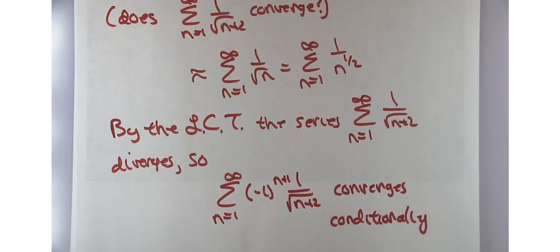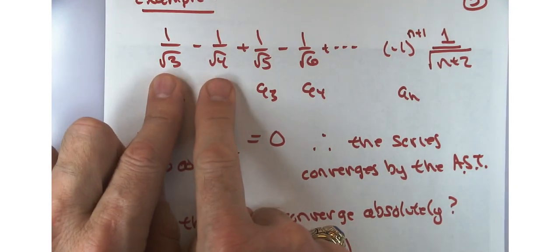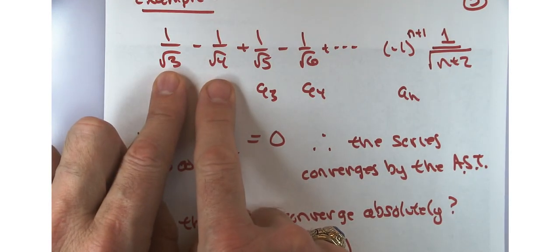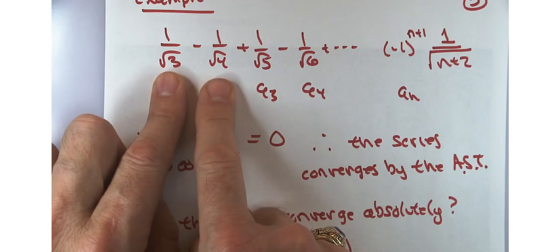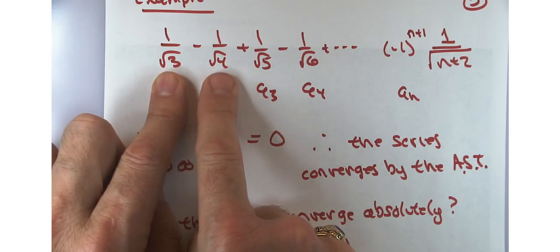What's happening is that if you look at the sequence of partial sums, because these things are alternating, you've got 1 over the square root of 3, which is about 0.57, and then you subtract a little bit, and then you add a little bit.